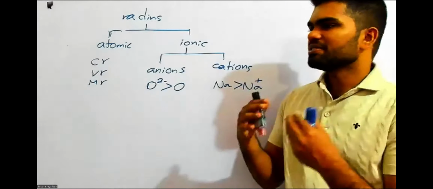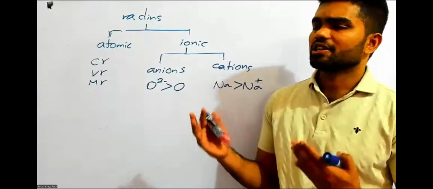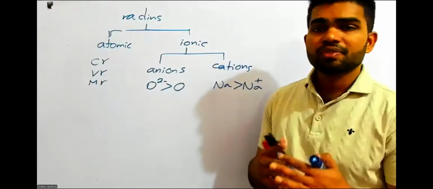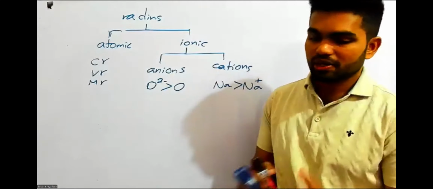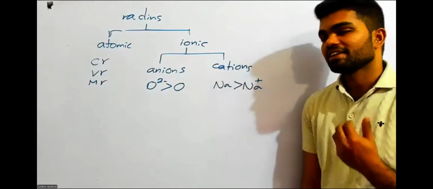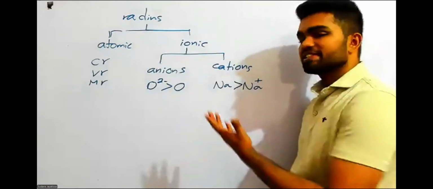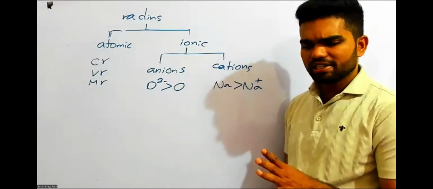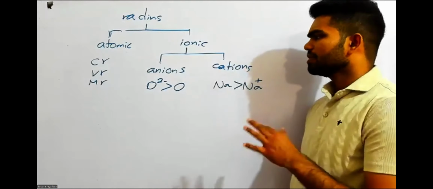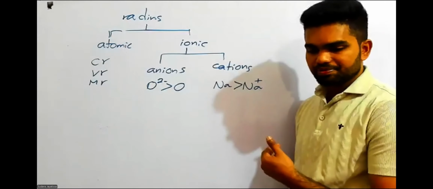Have this small explanation with you, because sometimes they can ask the reasons why this is happening in MCQs. It's simply about why anions are larger and why cations are smaller.